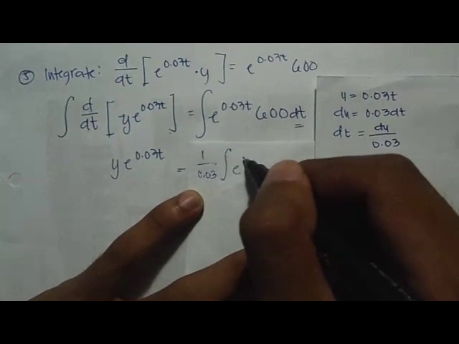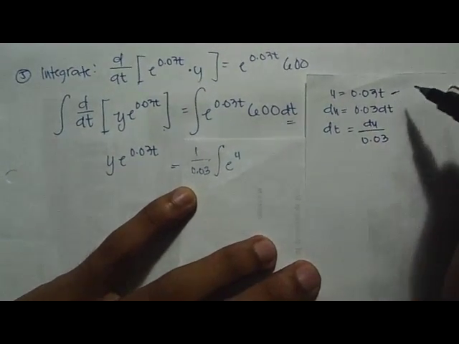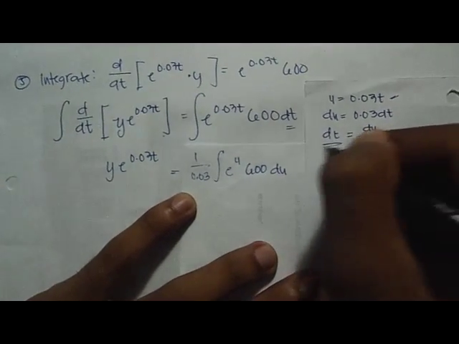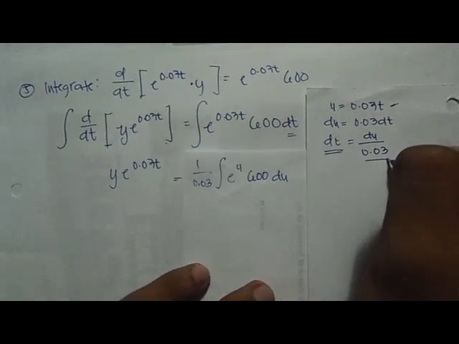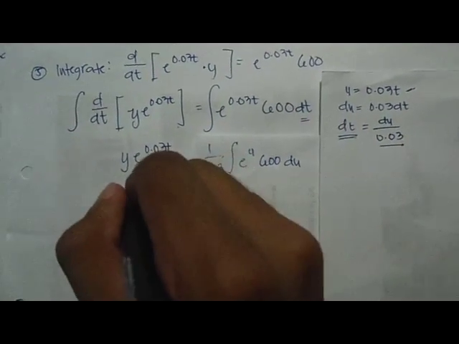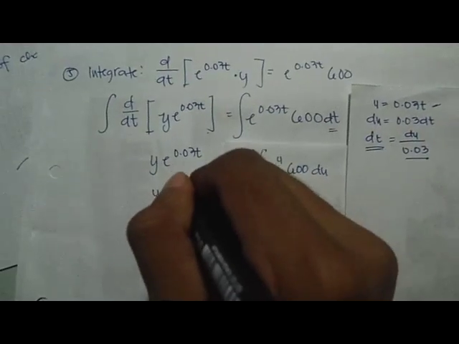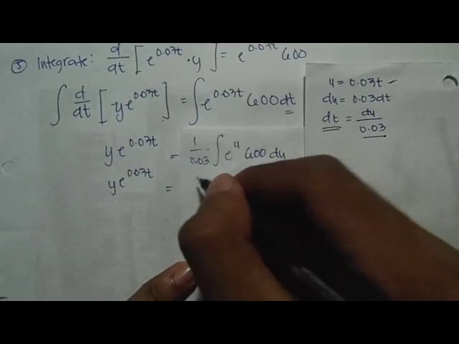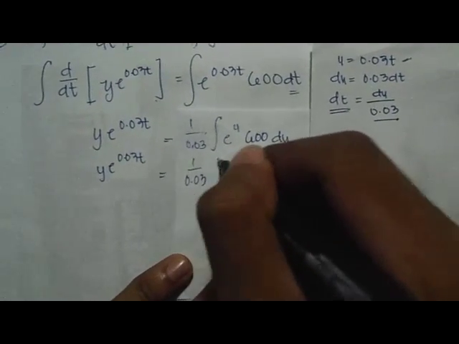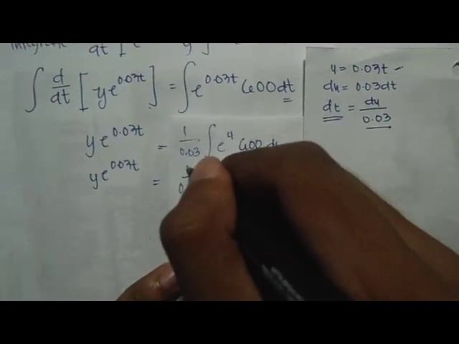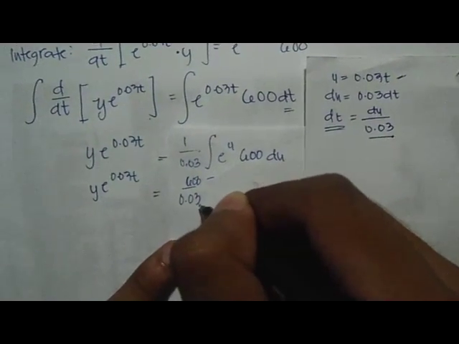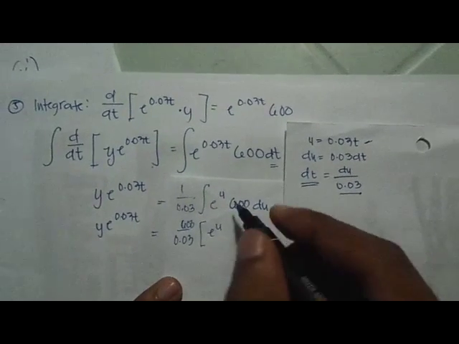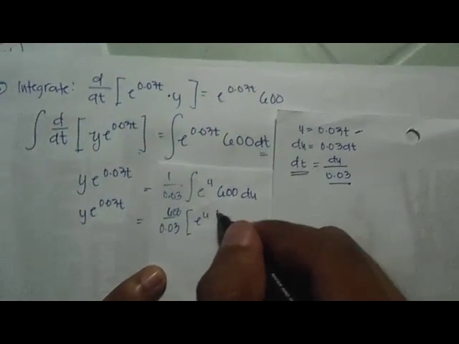Integral of e raised to u, since we let it be u, times 600 du, since we have applied our u. So therefore, we have y e to 0.03t will now be equal to 1 over 0.03 times 600, or 600 over 0.03, times e to the u, plus c.